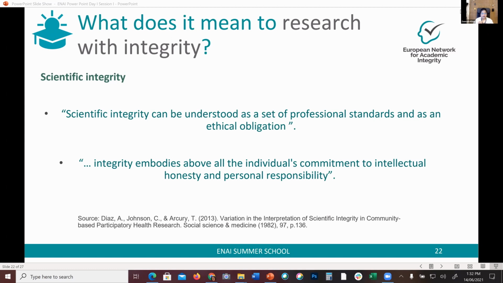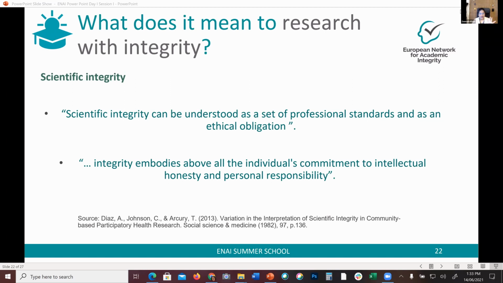And this is where most of the time people separate out academic integrity from research integrity, because they think research integrity has very little to do with academic integrity. They're two very separate ideas, ideals, ideologies, and so on.